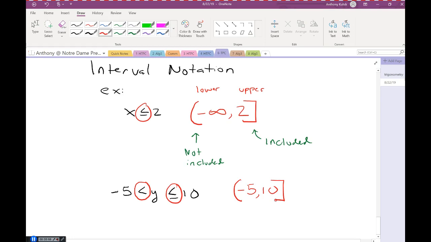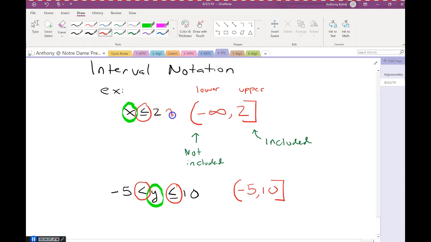Now, if I just write down these two intervals without any context, it's difficult to determine which one would be talking about x's and which one are talking about y's. You notice specifically the first interval we wrote is referencing x's, and the second interval is referencing y's. Did you guys notice that? So we're going to include a little bit extra notation so that if I were looking at this on a sheet of paper, I knew which one is referencing the set of x's and which one is referencing the set of y's.